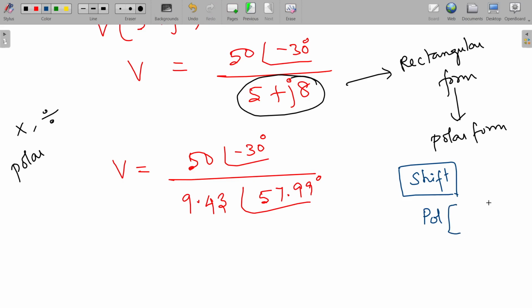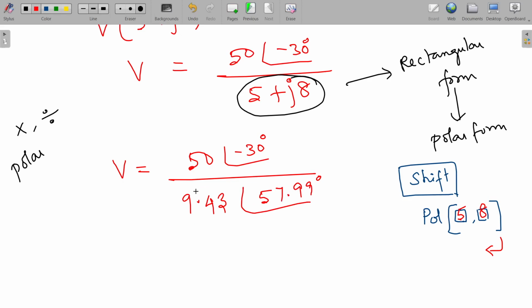Within that you will have two entries for rectangular form, where you can enter the values. This is your real part and this is your imaginary part. Then when you press enter, you will get the answer like this: 9.43 angle 57.99 degrees. So this is how you will get it.